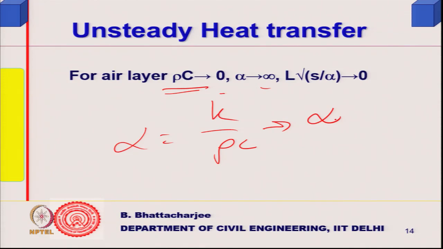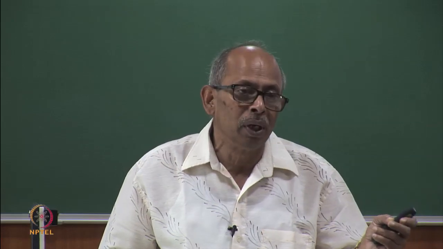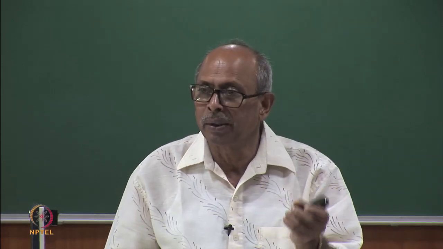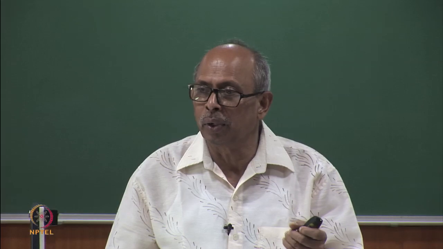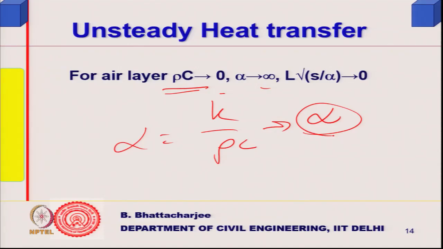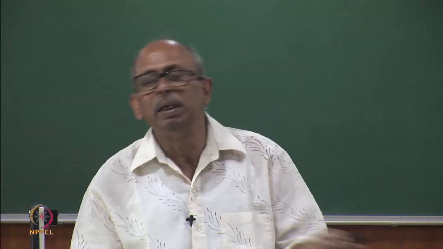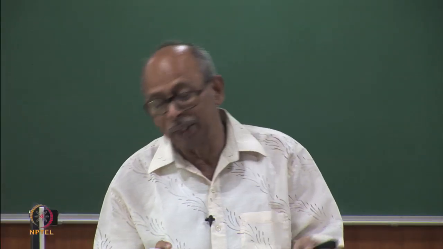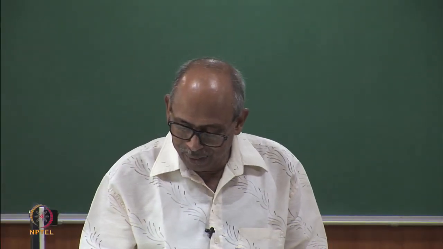What does it mean? Storage is zero, so it will not store heat; it will allow the heat to go through instantaneously. Alpha is in units of meter square per second.